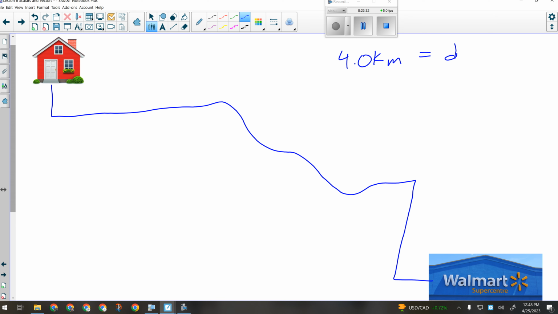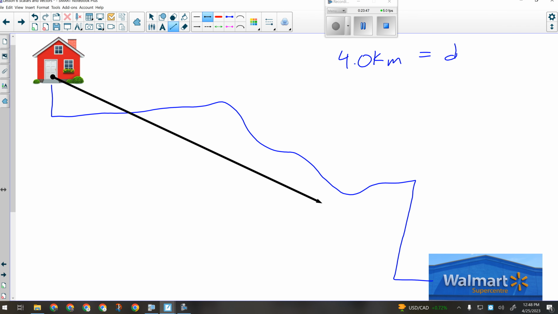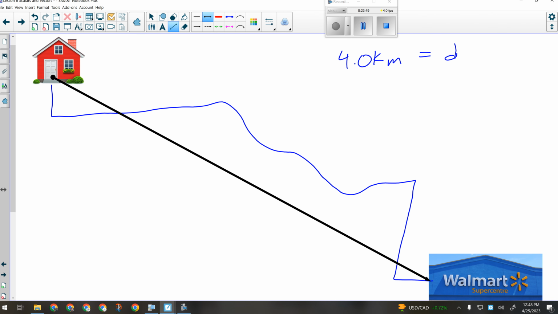Now looking at this trip from a different point of view, from a vector point of view, it would look like this. Is that line 4 kilometers long? No, the shortest route between 2 points is a straight line. So this is definitely shorter than 4 kilometers. I can't remember if I picked a distance.